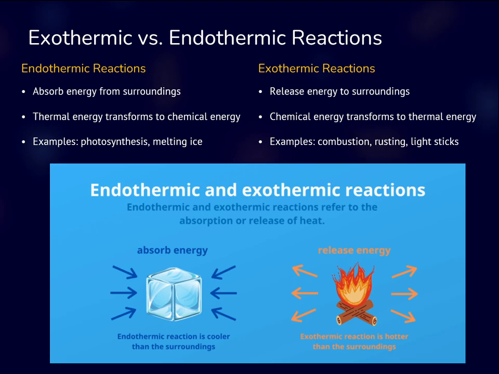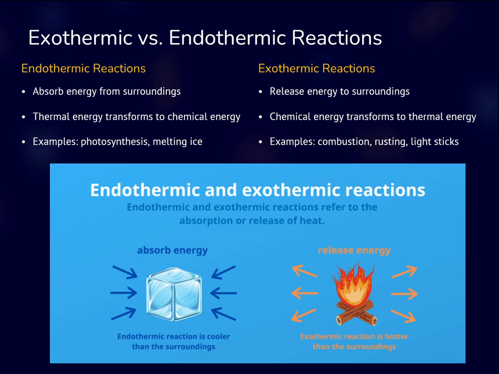Common examples include fireworks, like the Hanabi Taikai, in which chemical energy becomes light and heat. Another example would be rusting iron, which is actually a very slow release of energy. Light sticks, in which chemical energy becomes visible light through luminescence, or the combustion of fossil fuels.